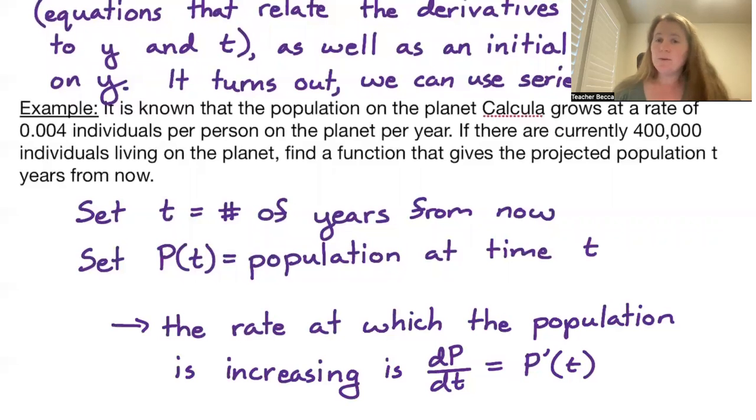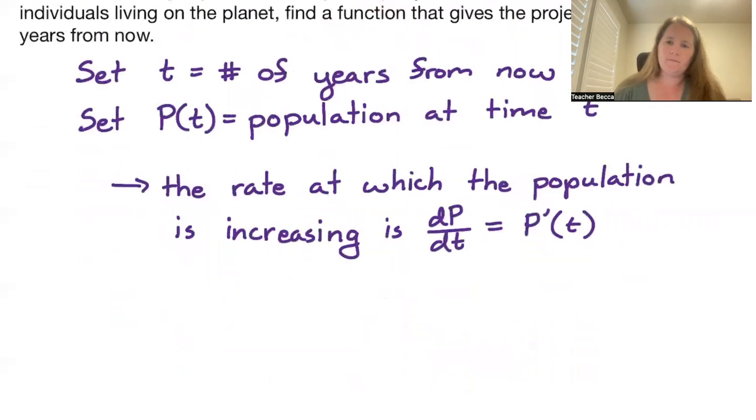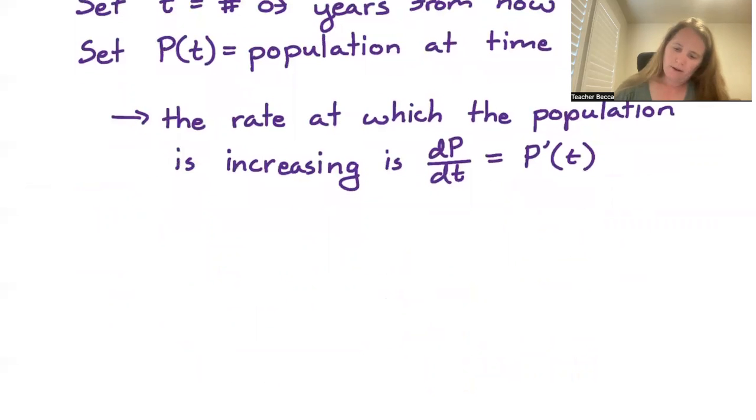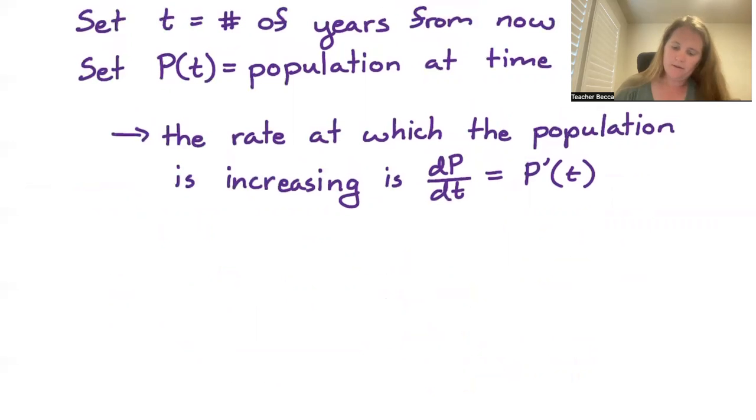So we're told that this rate is equal to 0.004 individuals per person per year.